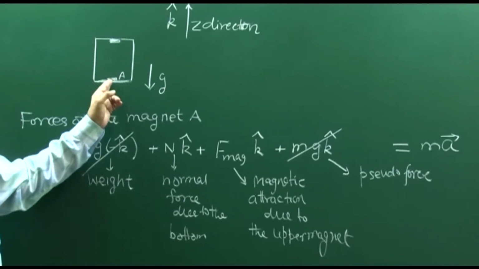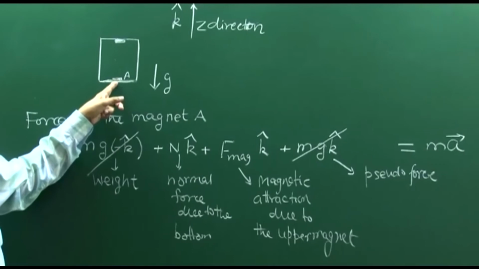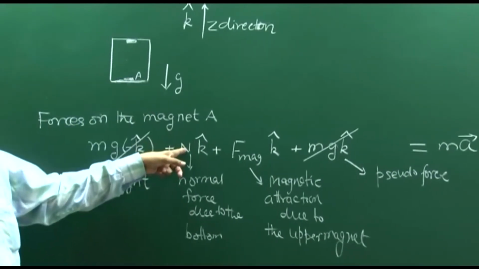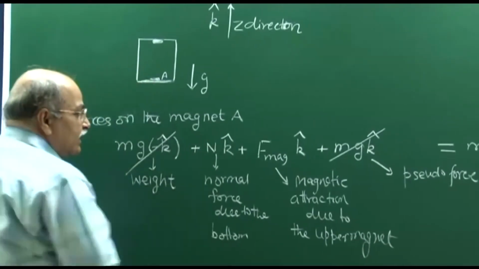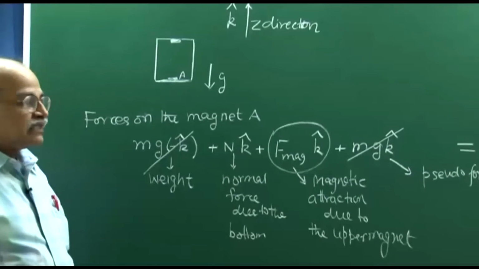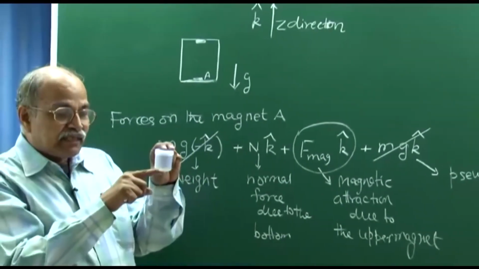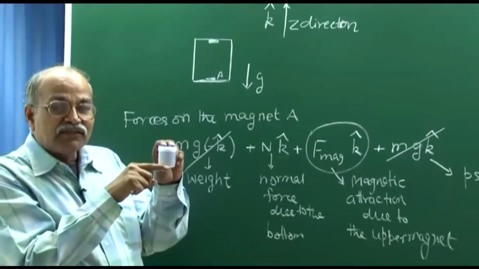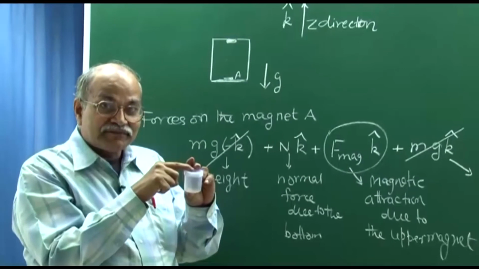As it goes slightly up, this contact here is broken and then this N also becomes 0. So it moves only under this magnetic attraction, which is in upward direction. So, in the box frame it has to go up, and it goes up and strikes this upper magnet.